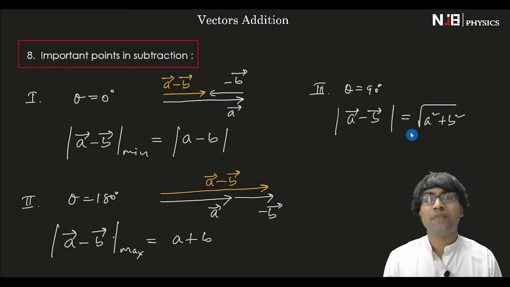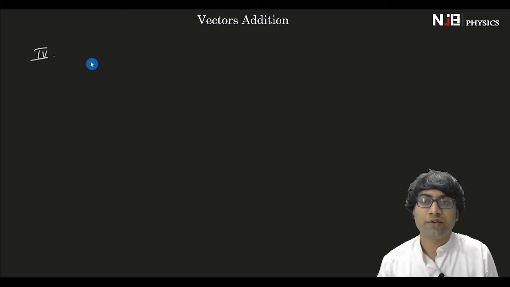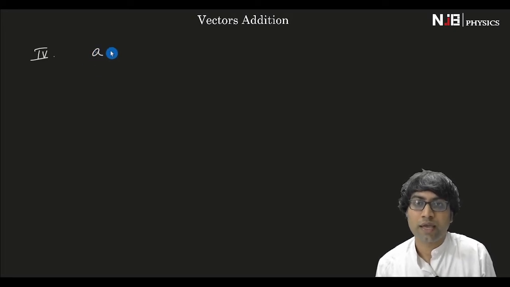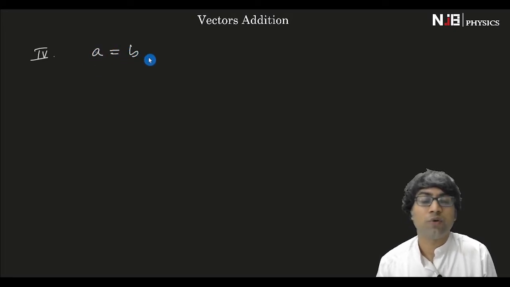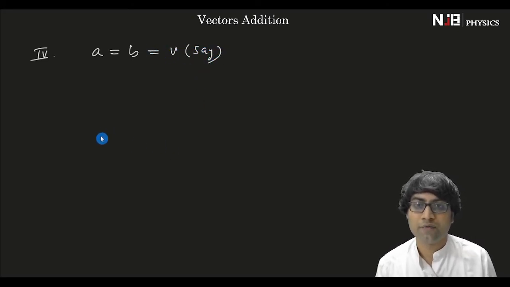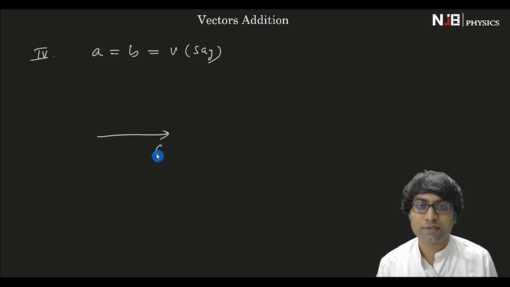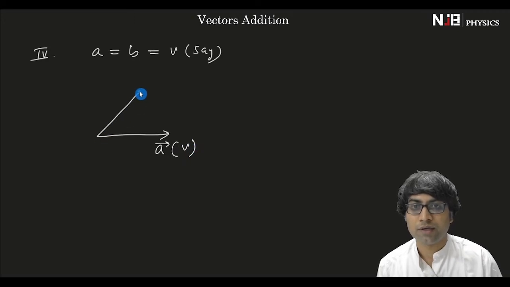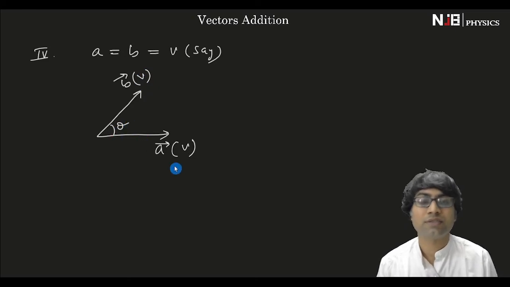Let's now talk about that special situation when the two vectors have the same magnitude. So we are actually interested in the situation where the magnitude of A vector is equal to the magnitude of B vector. Let's say it is equal to V. So we have the first vector like this, it is A vector, its magnitude is V, and we have another vector which is this B vector and its magnitude is also equal to V, and the angle between them is theta.